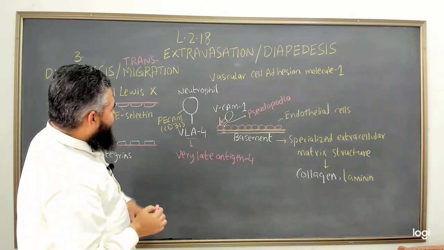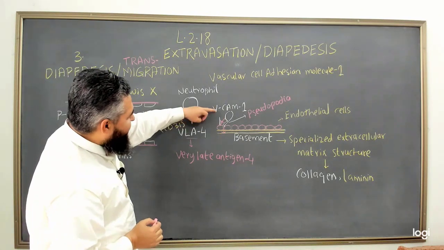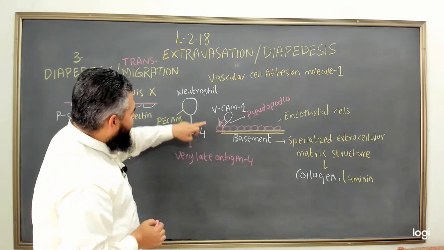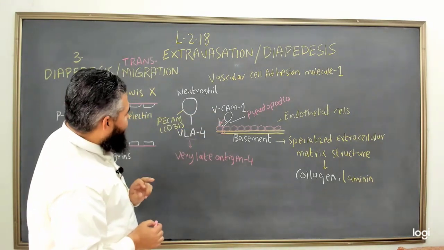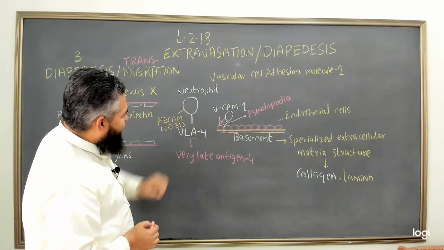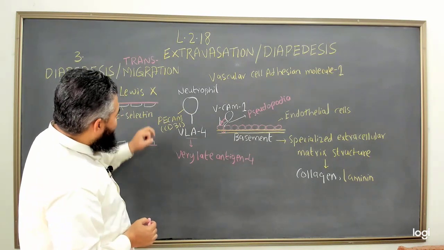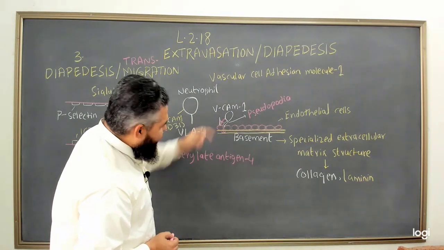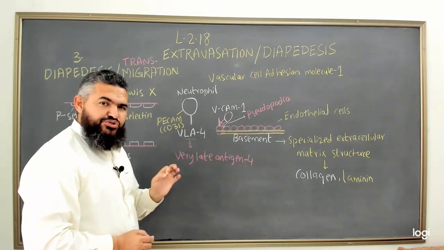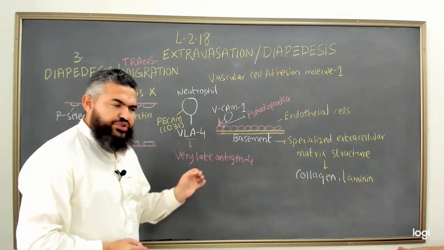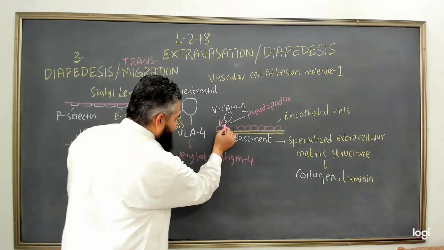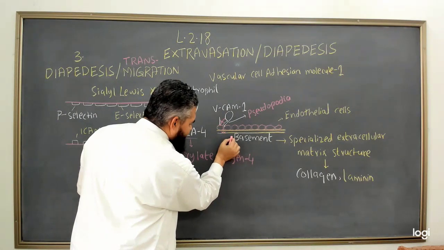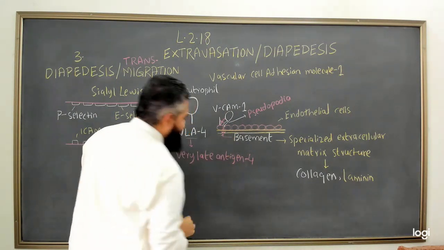So what this means is that there should be interaction between the VCAM1 and the VLA4. The VCAM is present on the activated endothelial cell, and the VLA4 is present on the neutrophil. Similarly, there should be interaction between the PCAM present on the neutrophils and on the activated endothelial cell, so that you can move the neutrophils from the endothelial layer into this subendothelial layer, which you can call the basement membrane.